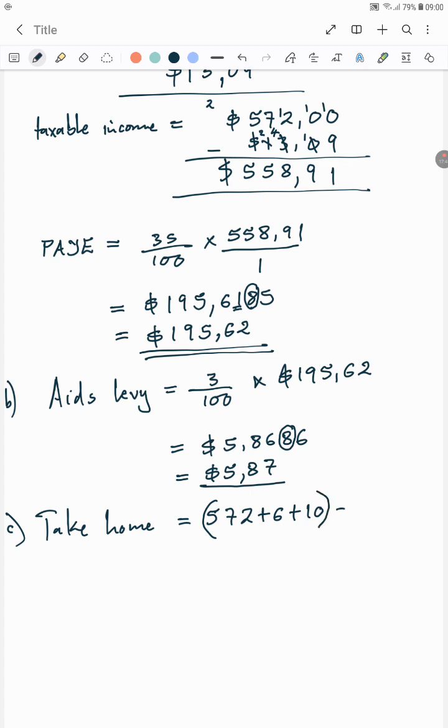and then remove all the other deductions. Or we can do it this way because the other deductions, we've taken them out already, right? So right now we can say $558.91, which is the taxable income.